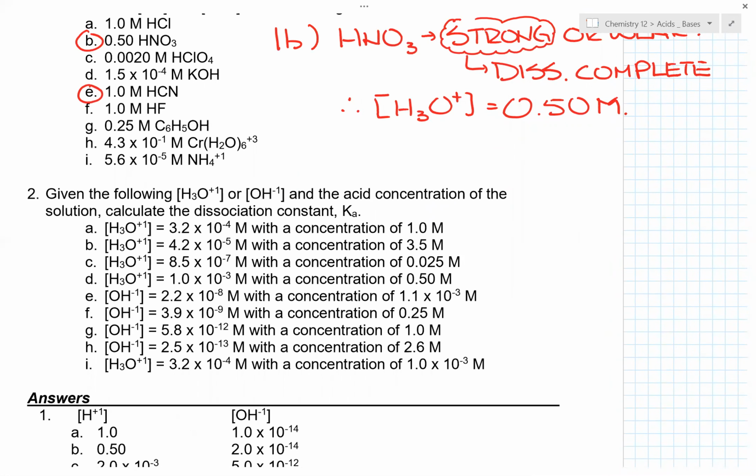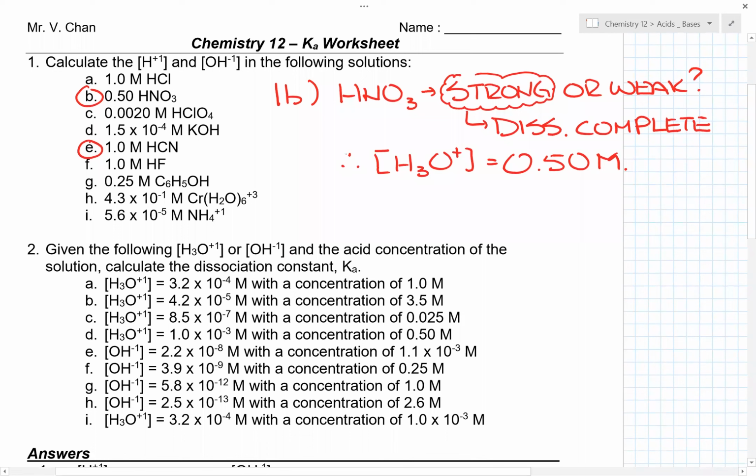Now, how did they get the answer of OH minus being 2.0 times 10 to the negative 14? Since we're asking for OH, we have to go to Kw, which is equal to the concentration of H3O plus times the concentration of OH minus.